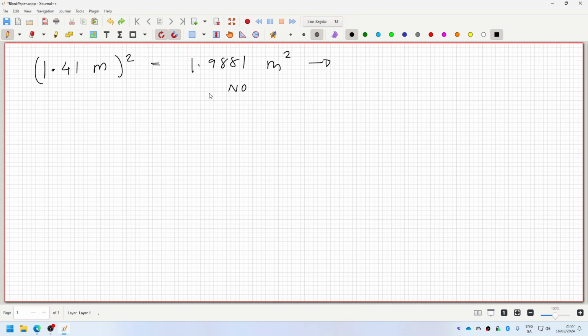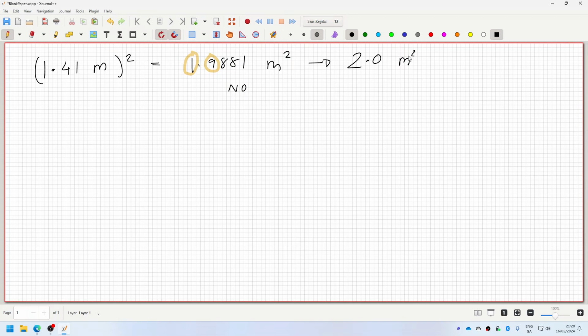In fact, the answer is only correct to two significant figures. So if you look here, to two significant figures, the 8 causes the 9 to go up, which will cause the 1 to go up. So actually, to two significant figures, the answer is 2.0 meters squared.